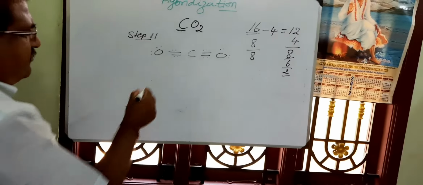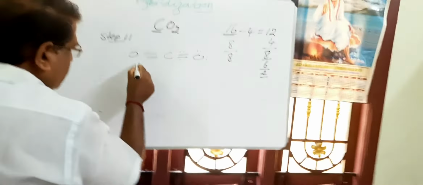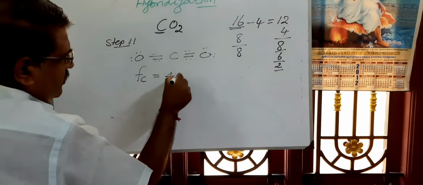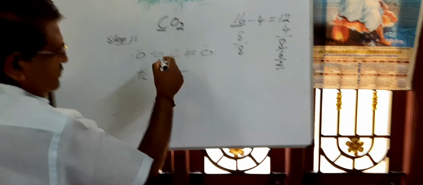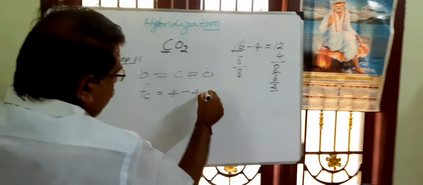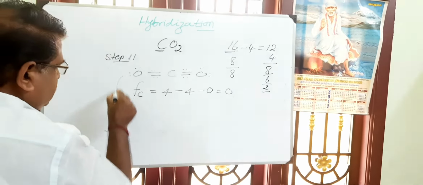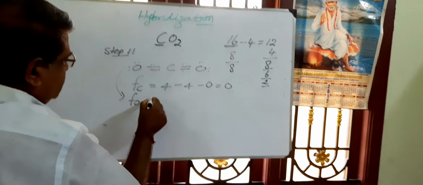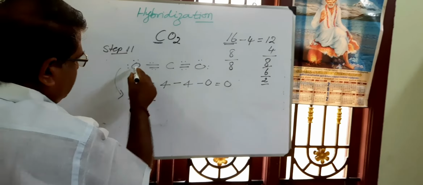Now let's calculate the formal charge for carbon. The formal charge for carbon is equal to the valence electrons of carbon, that is 4, minus 4 bonds, minus no lone pair electrons, which is equal to 0. Now for this oxygen, the formal charge is the valence electrons of oxygen, 6, minus 2 bonds, minus the number of lone pair electrons, 4.